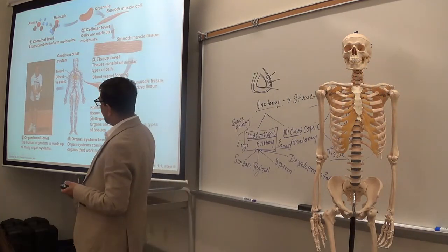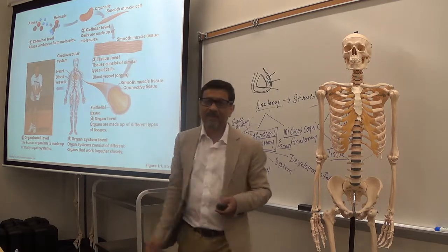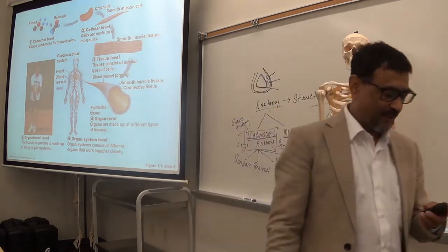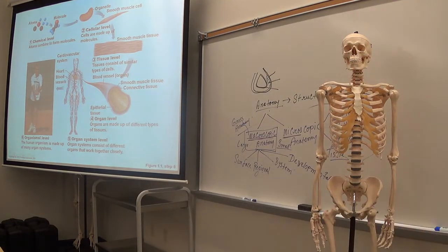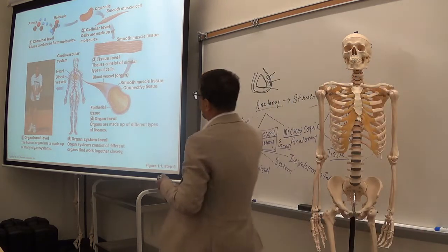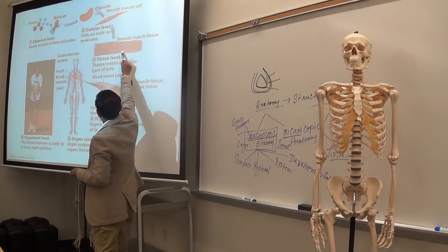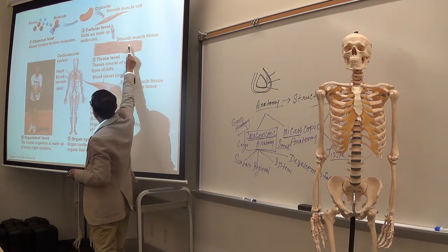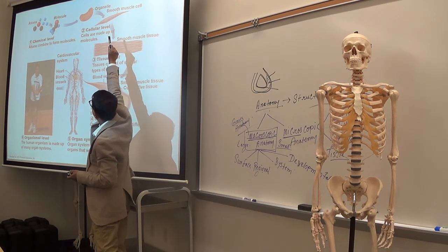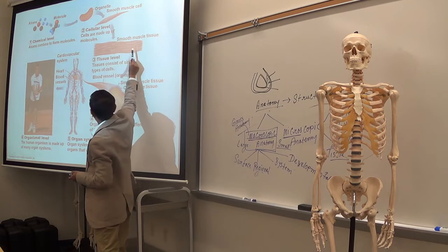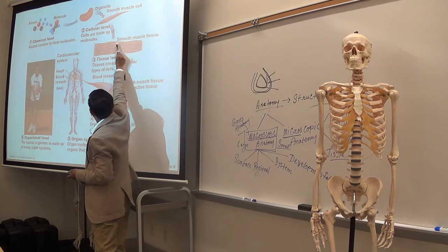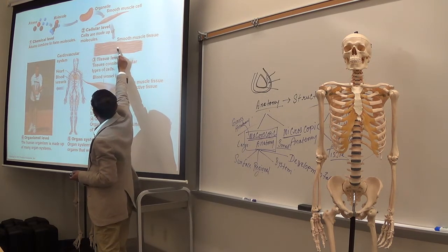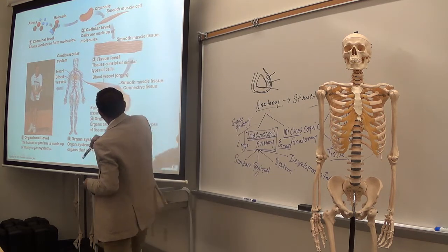In this picture, you can see those different levels. Chemical, then cellular, then many similar cells join together to form a tissue. So you see that is a muscle cell, a single cell, and here many of those cells together form the smooth muscle tissue.